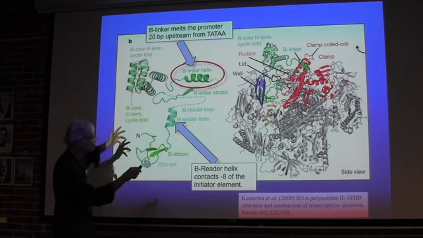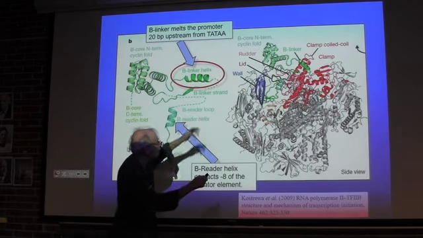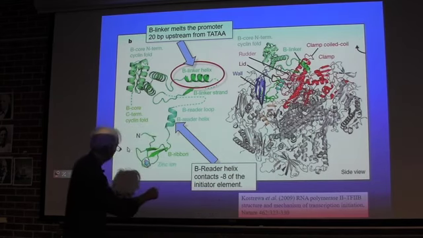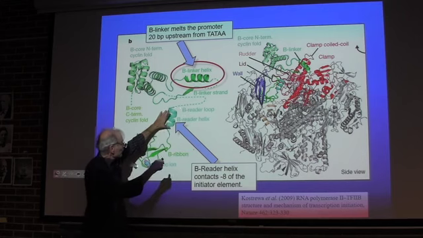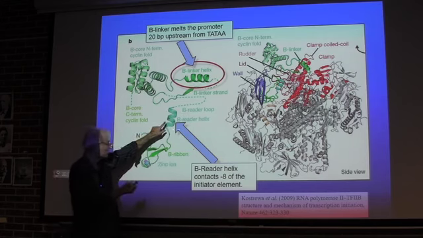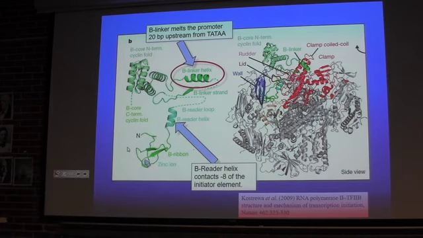And notice how this is now superimposed on the RNA polymerase itself. See how this thing snakes on down in here? This is what is snaking on down and making contact with the initiator element and with the 5' end. We'll see that in just a minute.